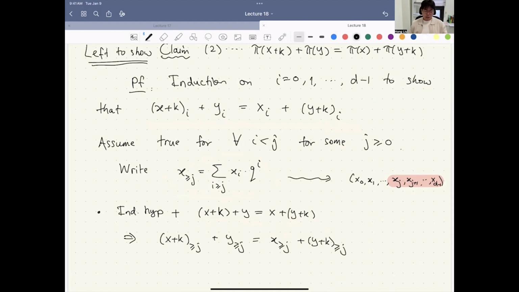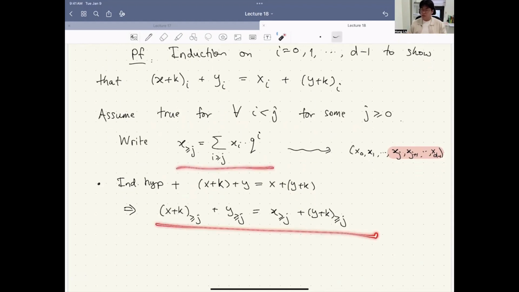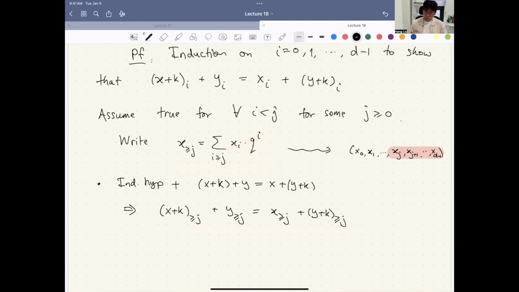Okay. Now, this then implies this sum, this thing, is the same. If you take modulo q, that means their smallest digits must be the same, modulo q.